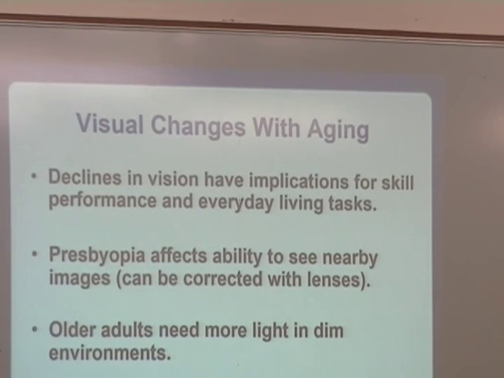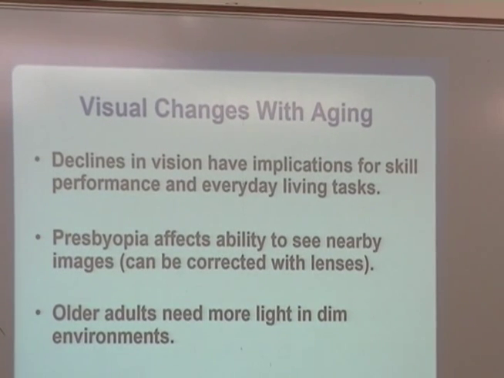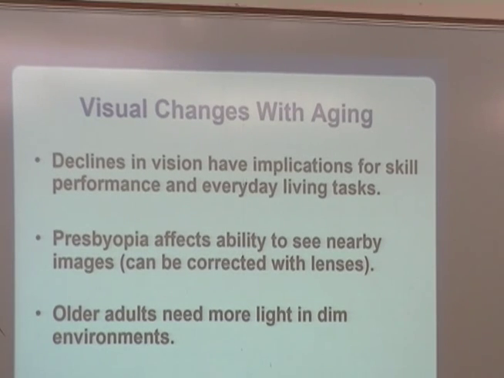As we get older, visual acuity is one of the things that declines quite early on, right? So that might impact my sport performance as I get older, but it absolutely impacts day-to-day living tasks.